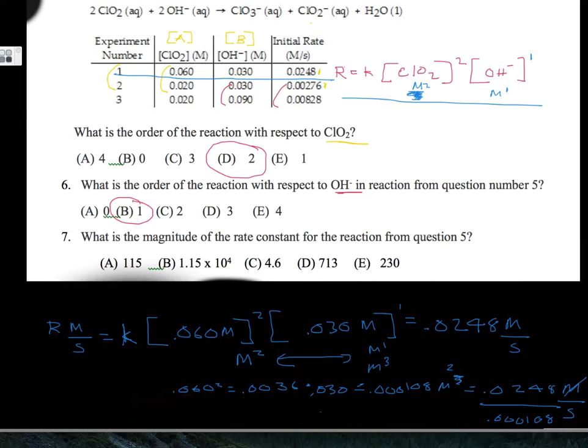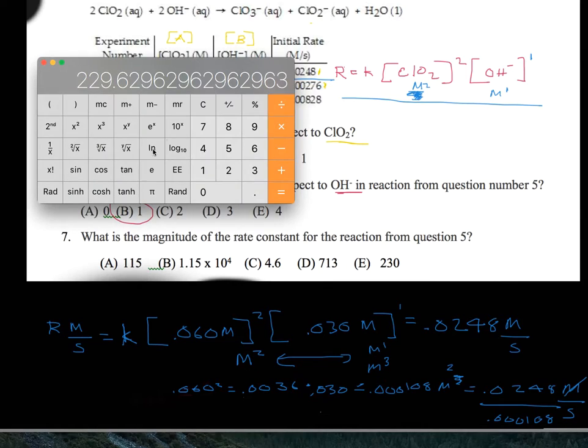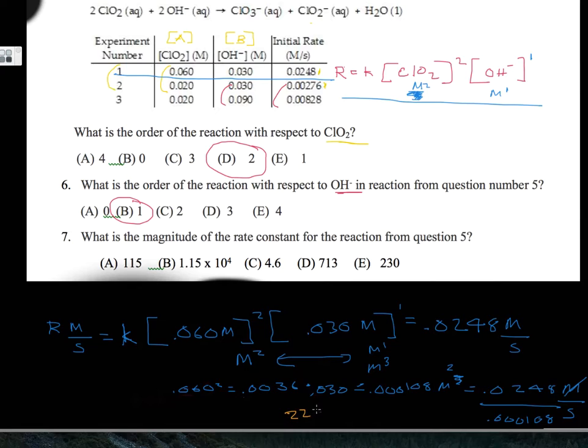Let me change colors for our answer. 229.6. And there's only going to be 3 significant digits here, so that's going to round to 230.